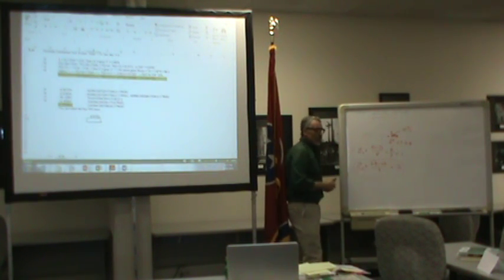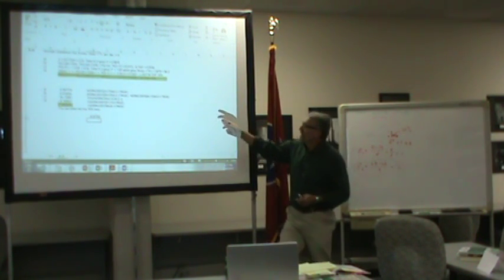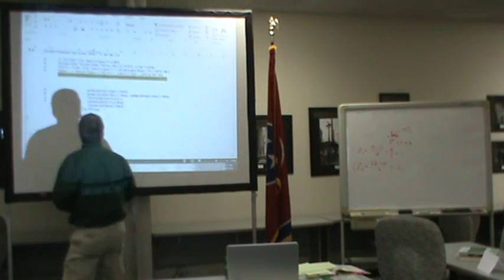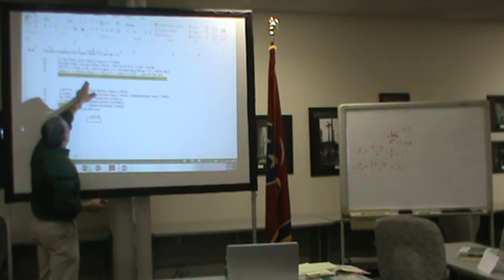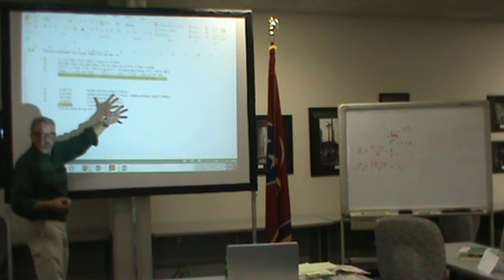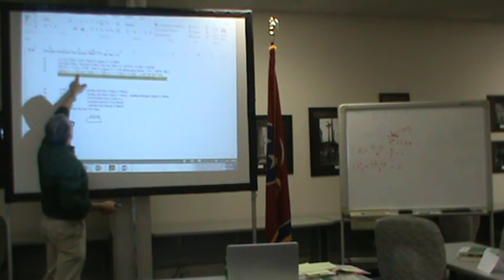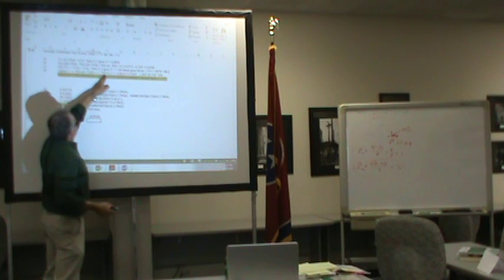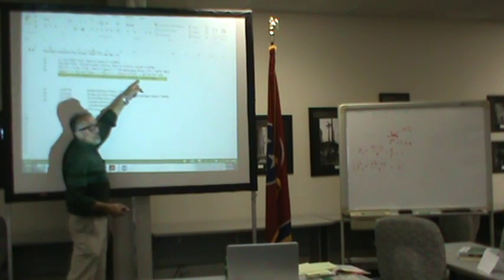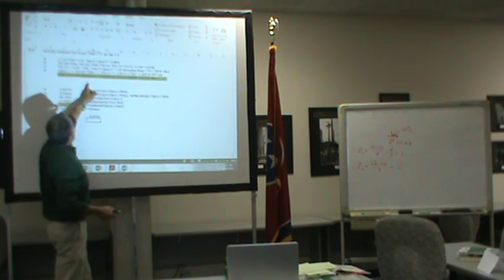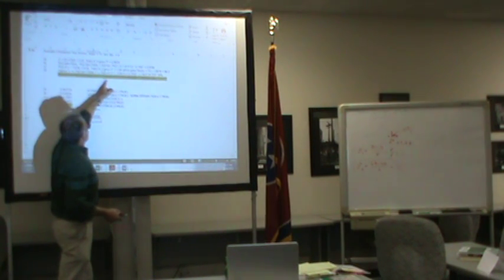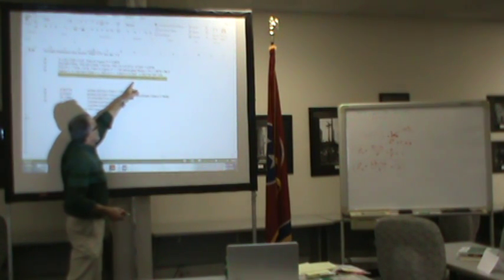Now, the way I worked it here, I did it a different way. I said, let's figure out what percentage corresponds to each of the two. The first one, 1 minus the probability that you're less than a Z of 1, is 15.87%. The second one, 1 minus the probability that Z is less than 2, is about 2%.